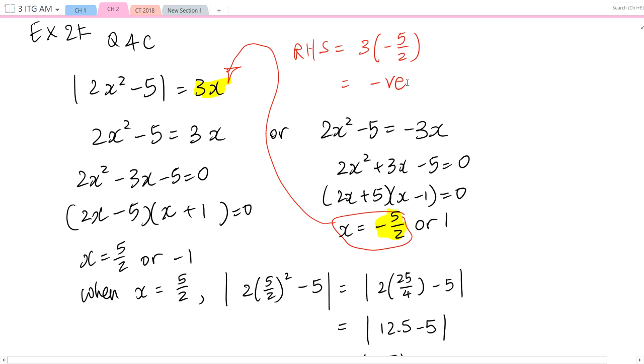Then you have to ask yourself, if the left hand side has a modulus, can the answer be negative? So you should realize that it cannot be negative. So we know that this has to be rejected. What about this one over here? You will need to verify it.